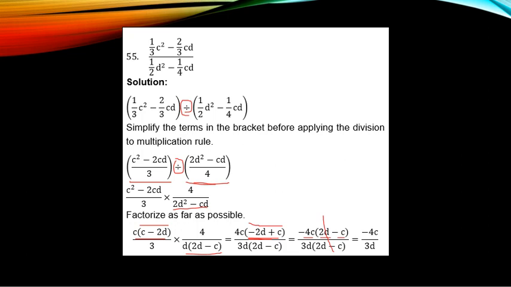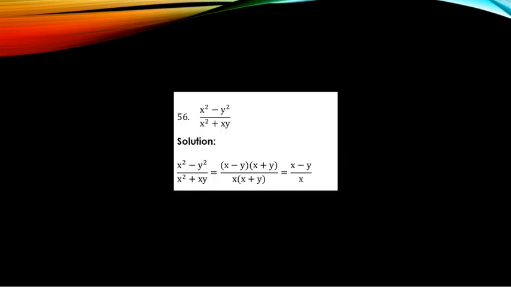Example 56, you have x square minus y square all over x square plus xy. The numerator is a difference of two squares, while the denominator you factorize.